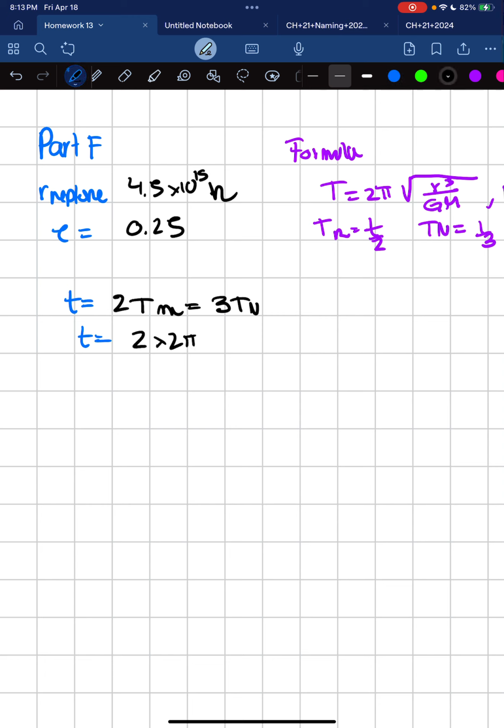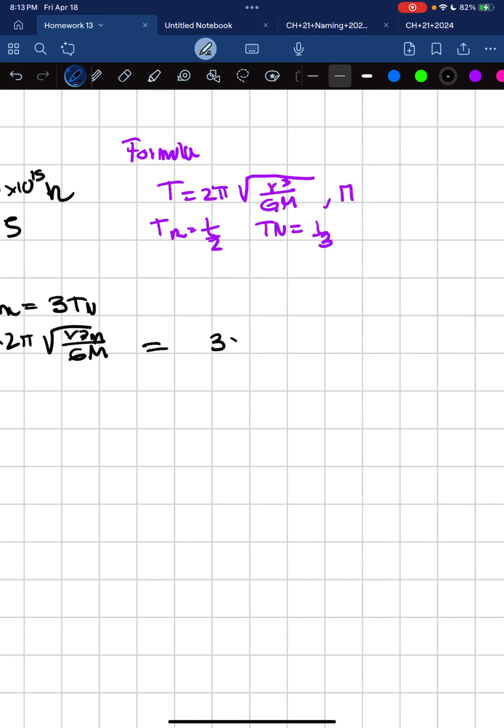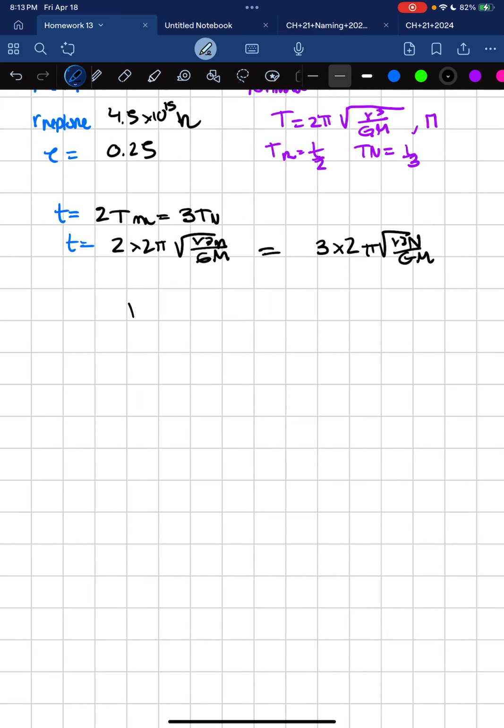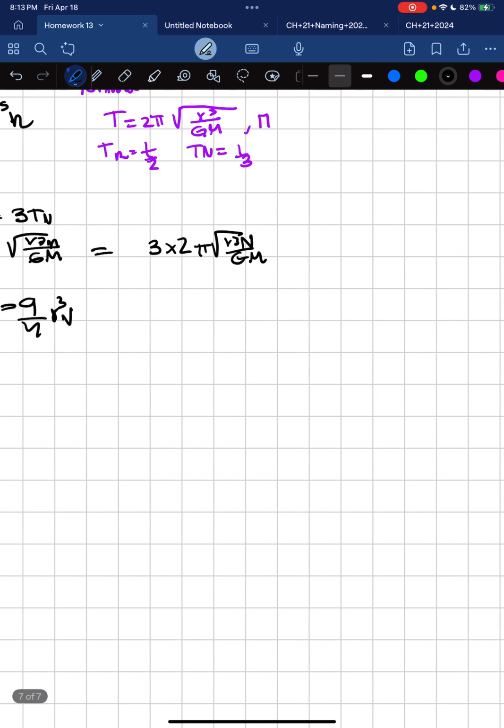Let's try to cancel that out so we can put it on one side. And then here, and now the radius that we had, let's try to get that out.